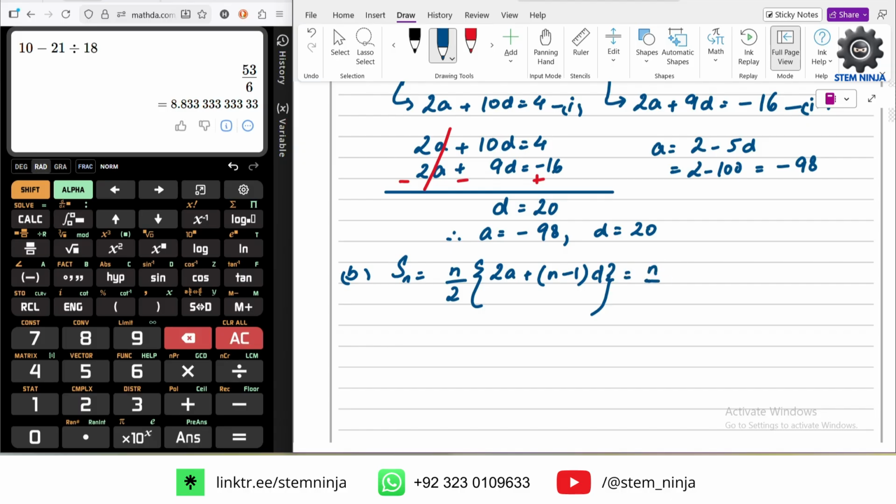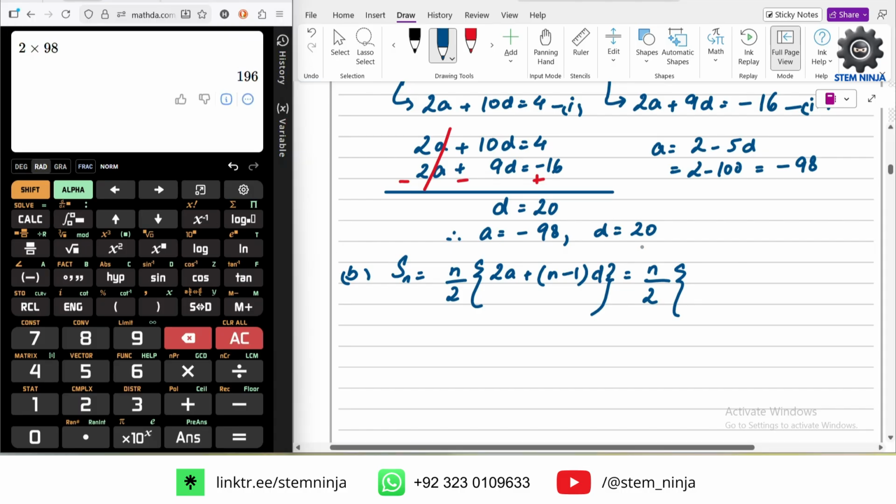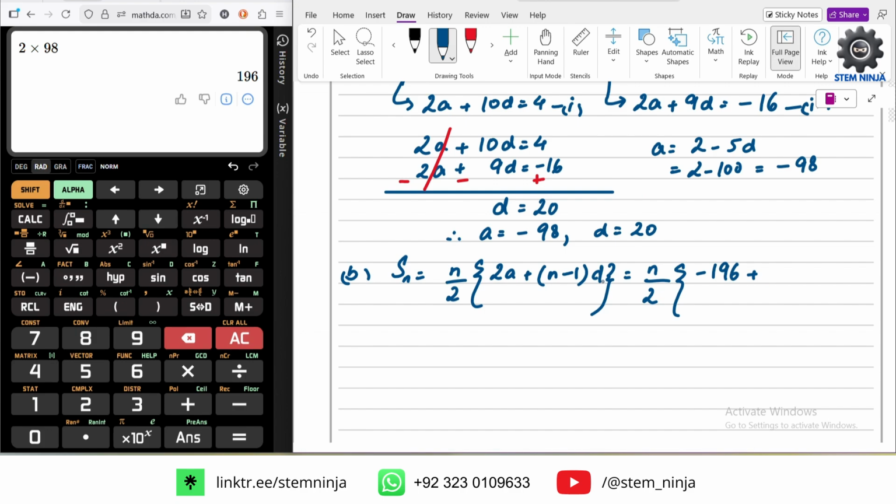So this would be n over 2, 2 times by minus 98, which is minus 196, and plus 2 times by n minus 20 times by n, 20n minus 20.